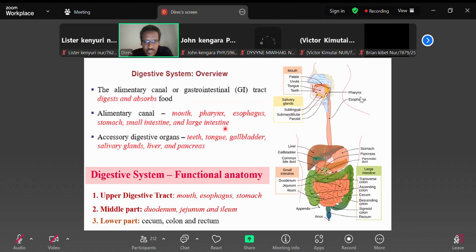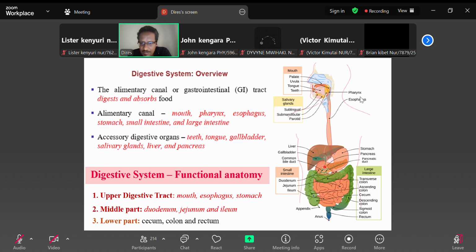Anything outside this is called accessory structures, like the teeth, tongue, salivary gland, and you have the liver, pancreas, as you see here. They are not directly connected to the tube, but somewhere they do secrete something into the tube.